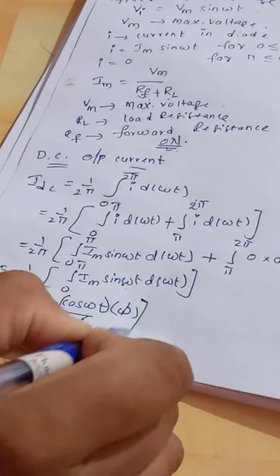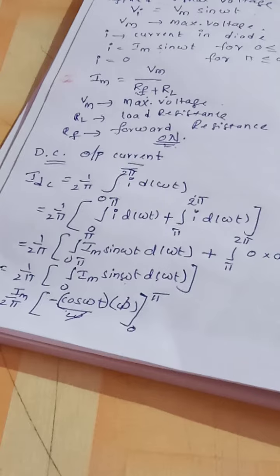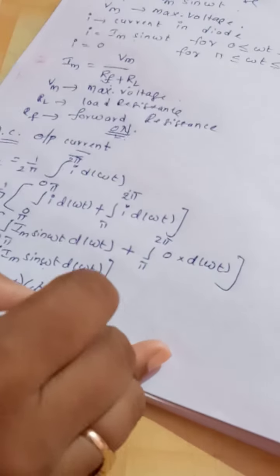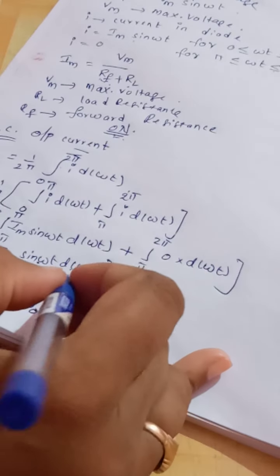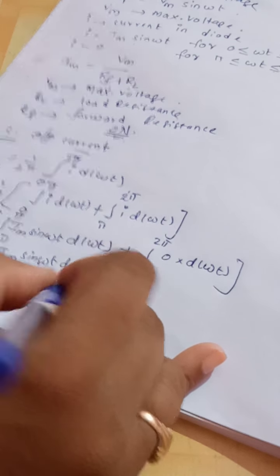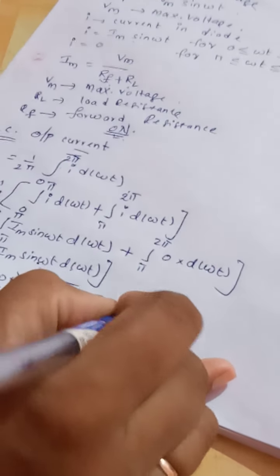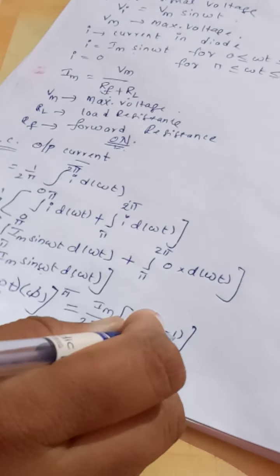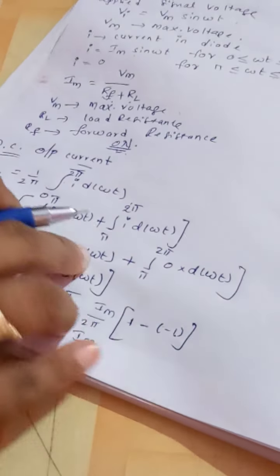So omega strikes off, and the limits are from 0 to pi. So now this value becomes Im by 2 pi. First we substitute the upper limit, and next we substitute the lower limit. So we get 1 minus of minus 1, that is equal to 2. The 2 strikes off, and we get the answer as Im by pi.